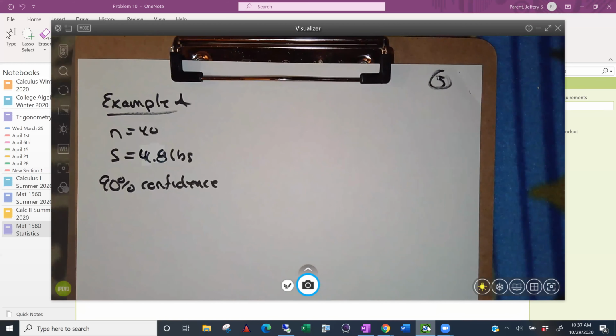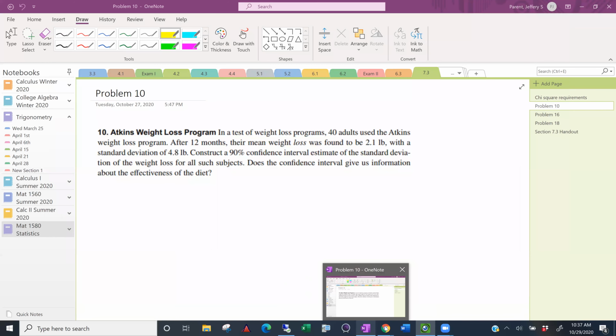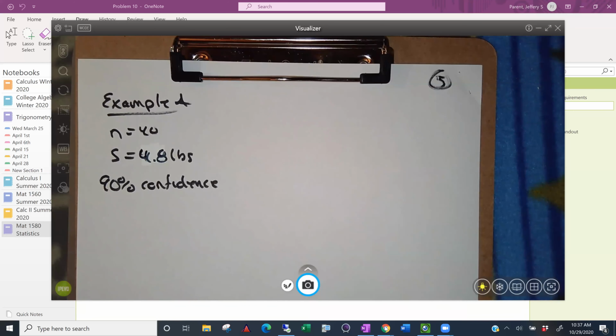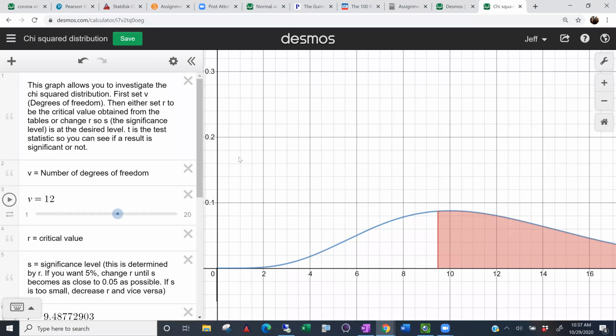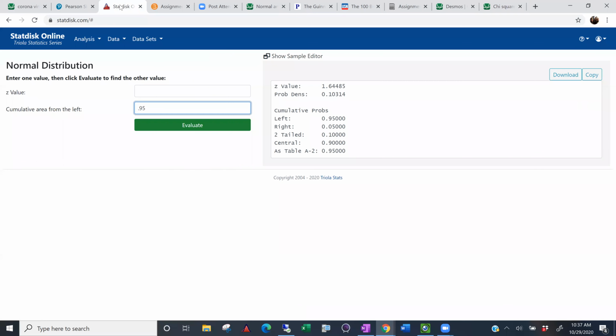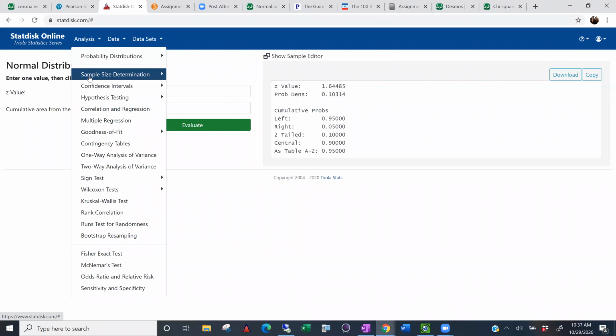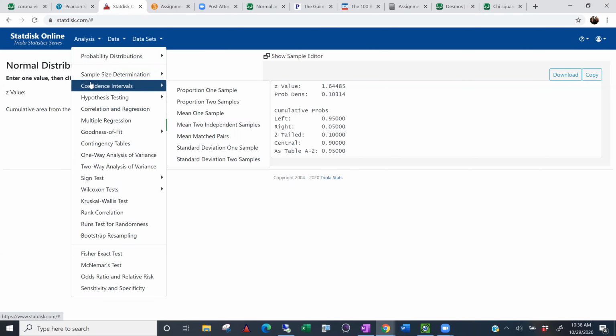Let's see if we can create a confidence interval for the population standard deviation. Where do you think I should go to create that confidence interval? StatDisk, yes. Let's go to StatDisk, and then analysis, confidence intervals, standard deviation, one sample.